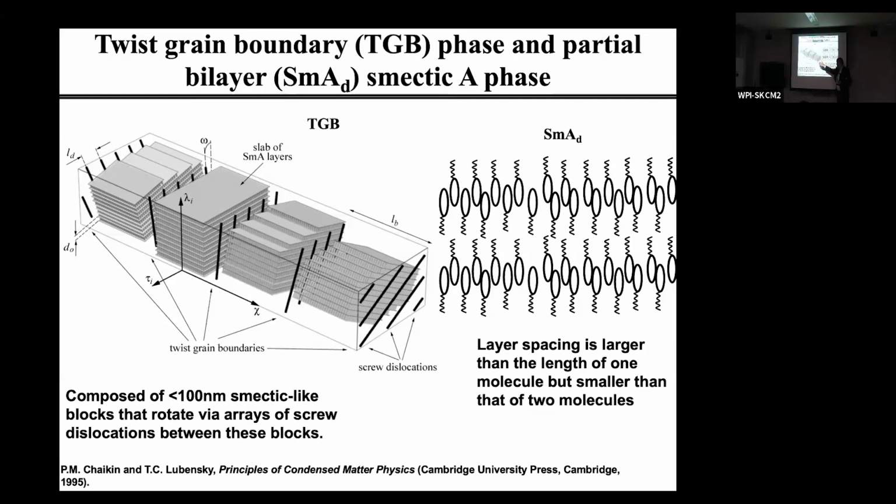Given that tendency. And so then these screw dislocations, right, which are topological defects, will mediate this twisting behavior. And again, you can define a pitch over which they twist by 360 degrees, and that can be in a range of micrometers, right? And so these type of phases can arise again in materials that have molecules with some chiral symmetry breaking. Another example of diversifying the behavior is formation of different bilayers or partial bilayers, right?